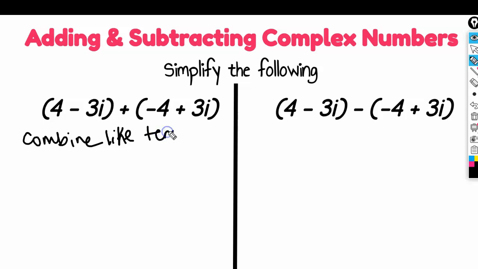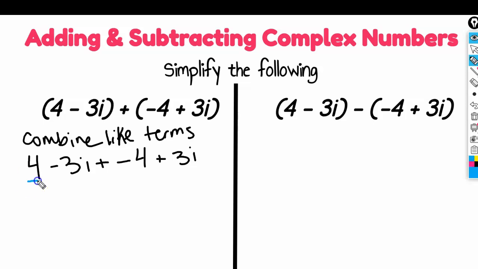Okay, so when we combine like terms, I've got 4 minus 3i plus negative 4, and then plus 3i. So I kind of treat i like x here. Anywhere I see terms with i, they are like terms. Anytime I see a number that doesn't have i, those are like terms with each other.